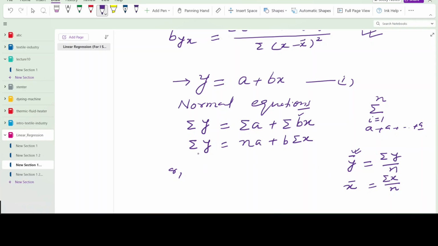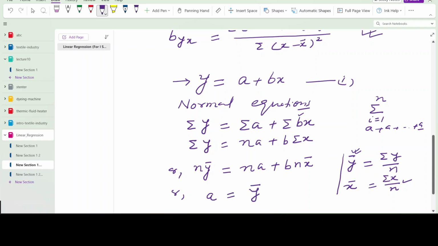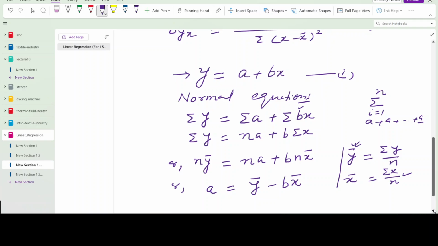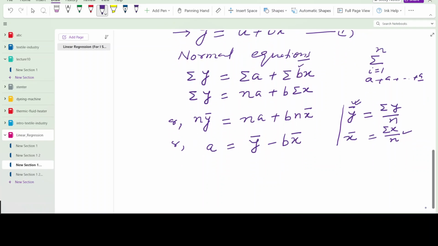Using this, we can write sigma y as n y bar is equal to na plus b, and sigma x will be written as n x bar from here. n goes off and we get a is equal to y bar minus b x bar. We have found out the value of a.